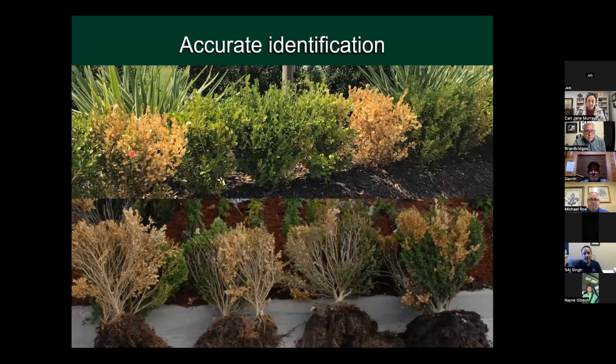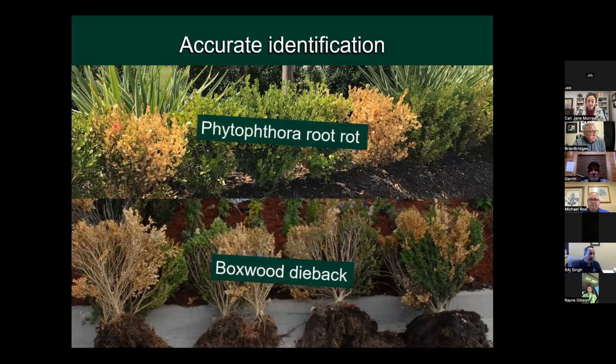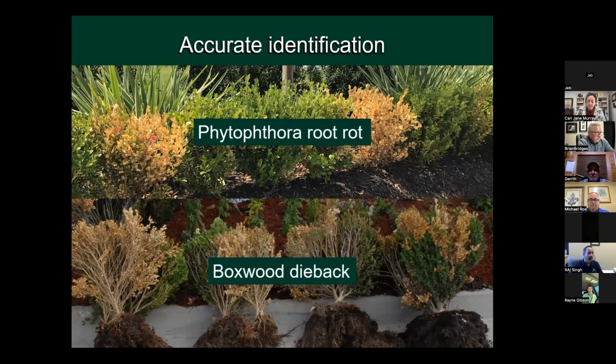Accurate identification is the key in this case. If you are unable to tell the difference between these two diseases, then most probably you need to submit a sample to a lab, because in this picture you can see the symptoms on the top and the bottom mimicking each other. The top is Phytophthora root rot and the bottom one is boxwood dieback.